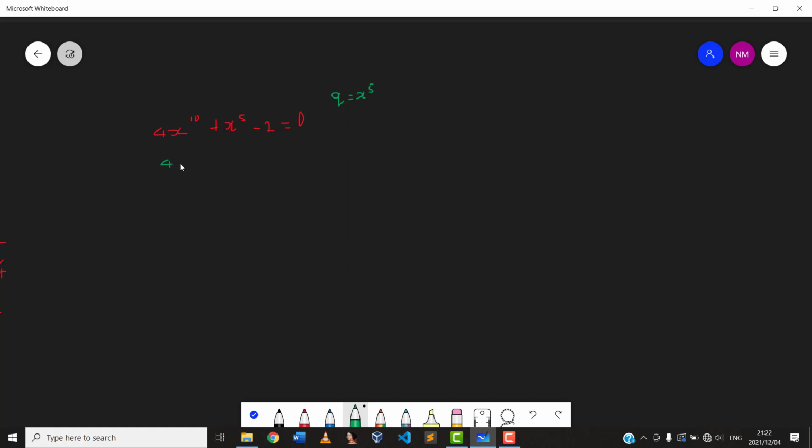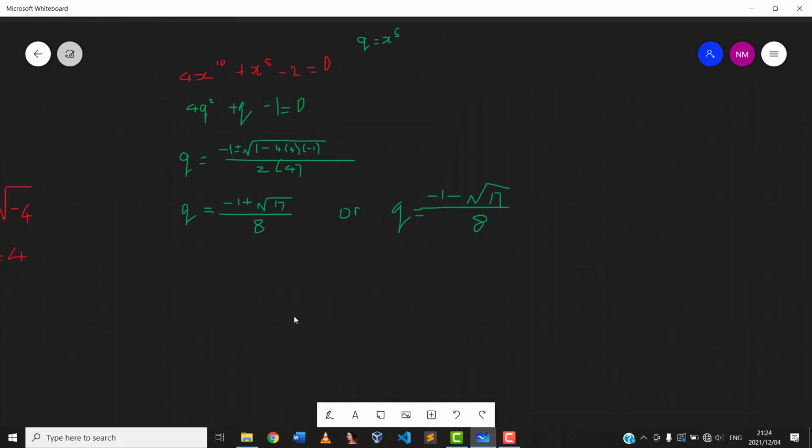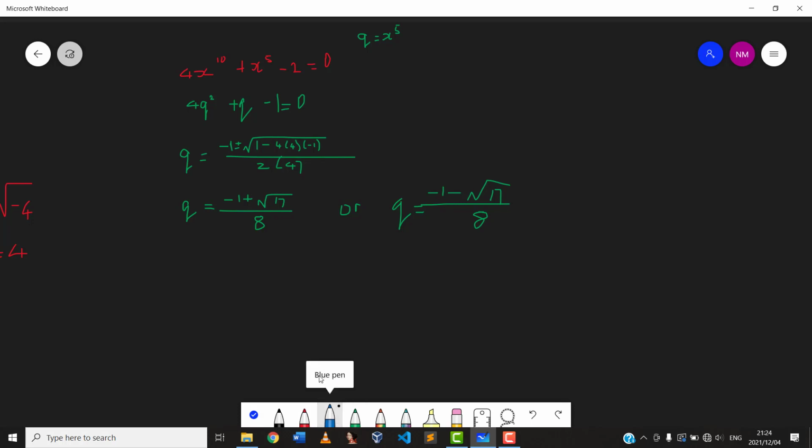So 4q squared plus q minus 1 equals 0. And then solve. So now let's try and solve in terms of x, right? So let's use blue now. So minus 1 plus square root of 17 over 8 would be equal to x to the 5. Let's start off with this one.